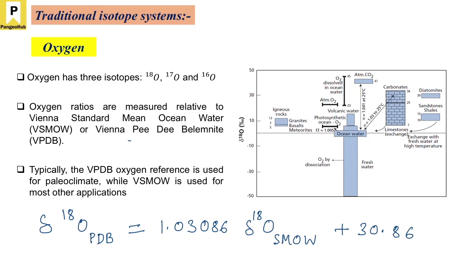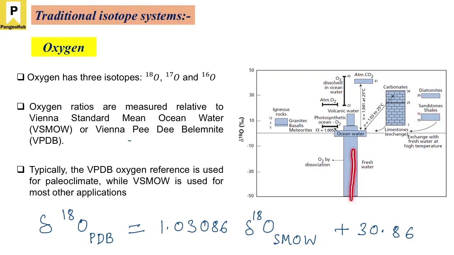The oxygen isotope is used in various places. As you can see, this oxygen isotope ratio varies from 5 to 12 in igneous and metamorphic rocks. In carbonates, it varies from 7 to 34. In diatoms, it is around 30. In sandstone shells, it is between 10 and 15.